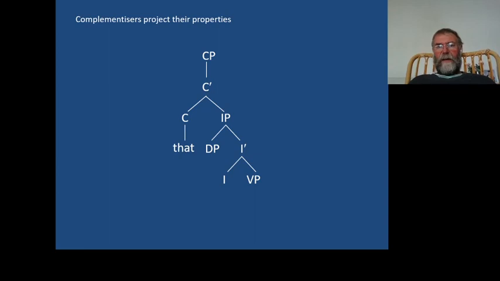Well, we've seen that we can get different types of complementizers introducing different types of clauses. For example, we've seen this distinction between interrogative and declarative clauses. That introduces a declarative clause, and if introduces an interrogative clause. Now, we've seen those are not features of inflectional phrases.